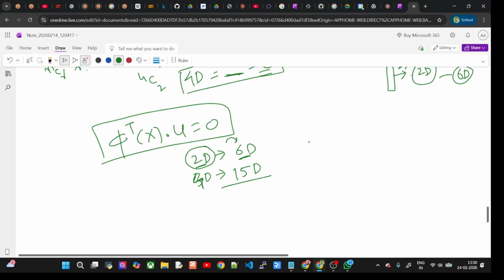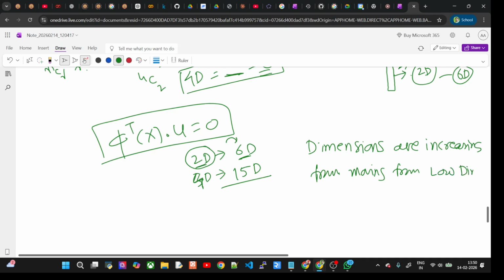So here the point is, dimensions are increasing from low dimension to higher dimension.